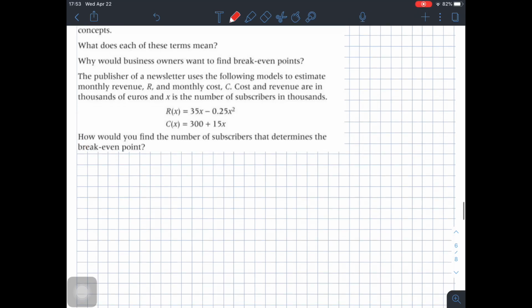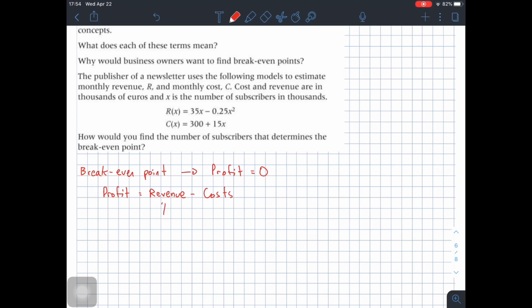So how would you find the number of subscribers that determines the break-even point? So remember, the break-even point is the point where my profit is zero, okay? Profit is la utilidad, that's in Spanish, right? Profit is zero, and remember that profit is calculated by doing revenue minus costs, right?